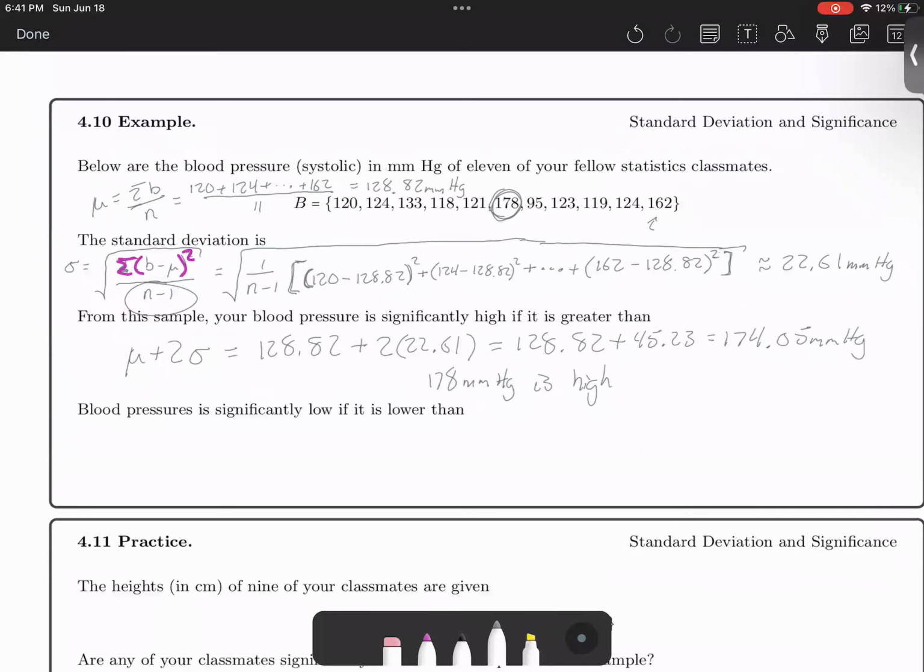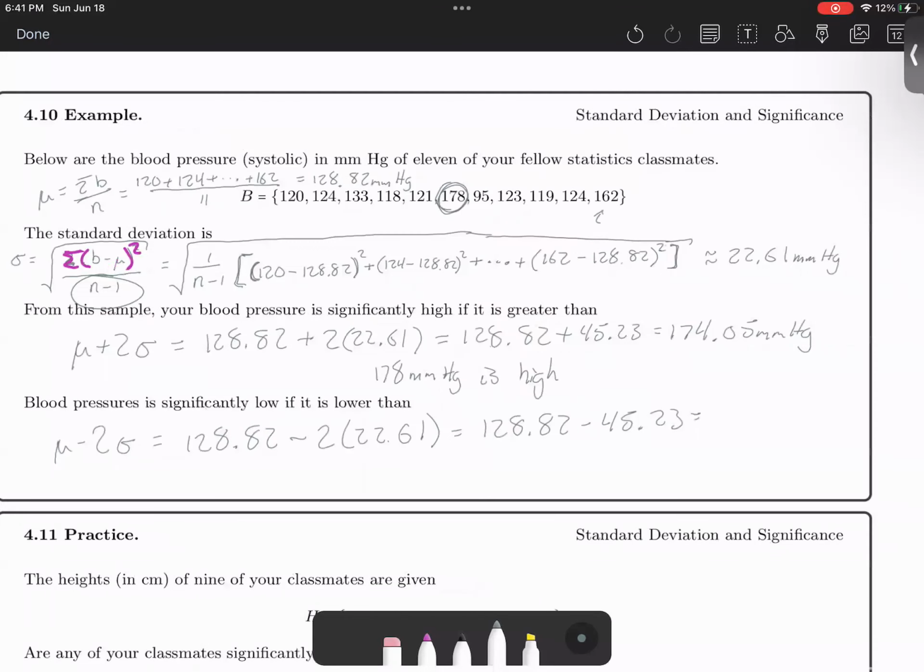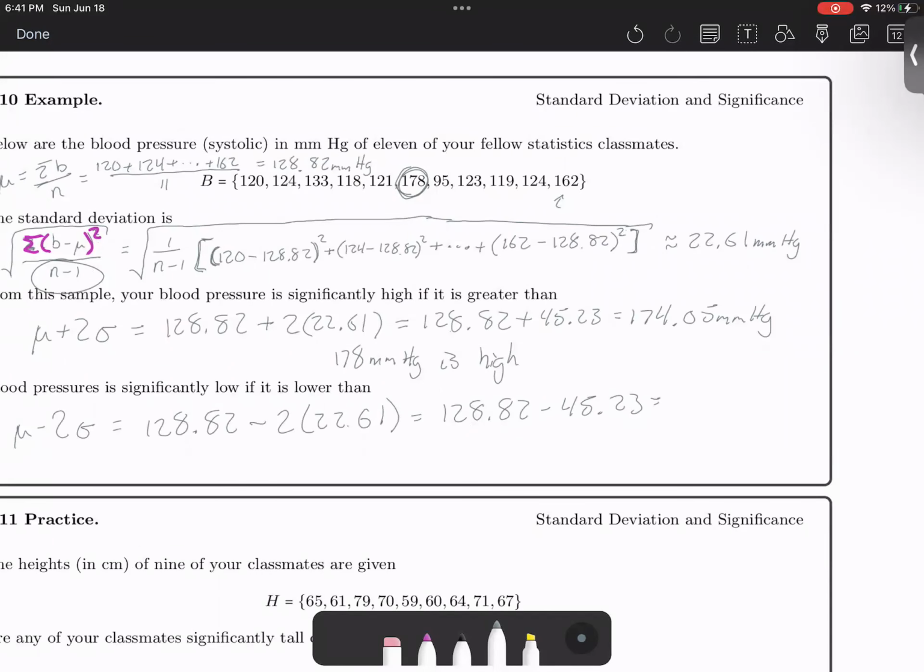Let's see if any students have significantly low blood pressure. So we'll start at our average and move to the left by 2 standard deviations. 2 standard deviations under the average is 83.59.